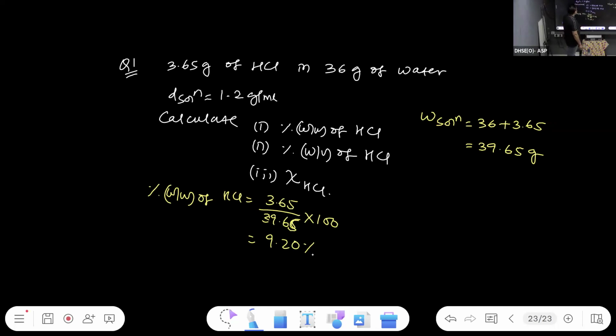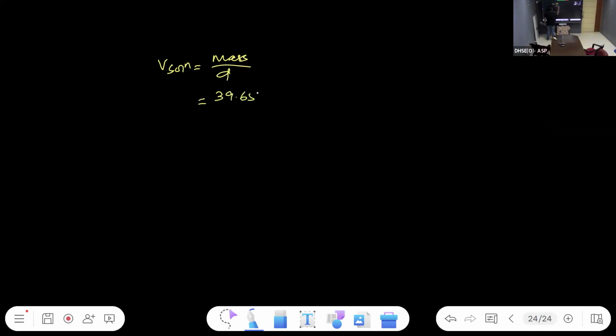Next part is percentage weight by volume. The mass is 39.65 and the density is 1.2, so the volume of the solution is equal to mass by density. So mass is 39.65, density is 1.2.